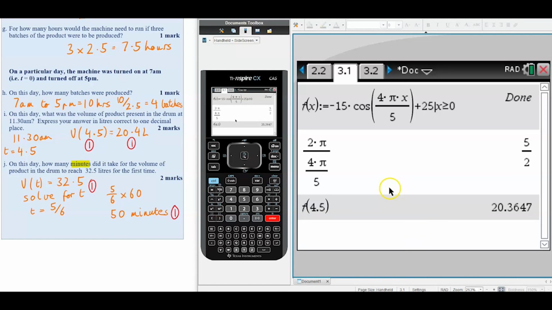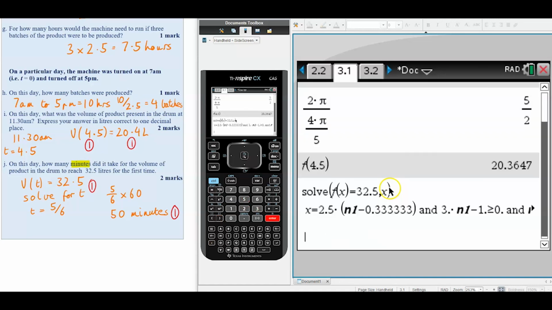On this day, how many minutes did it take for the volume of the product in the drum to reach 32.5 litres? So here I'm going to do a solve f of x. Remember, we're not using t in this instance. F of x equals 32.5 comma x, and it's going to give us some strange answers, and that's because of those general solutions.